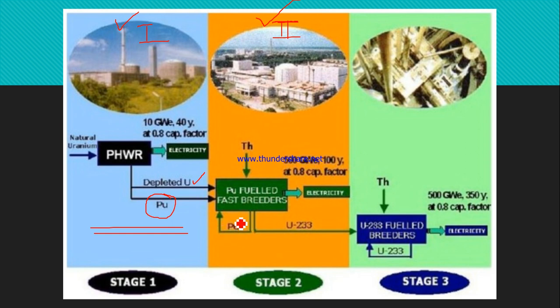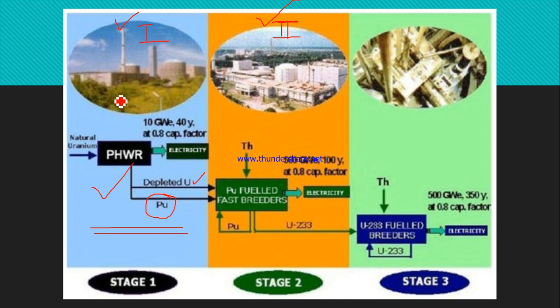If this is the fuel inside the reactor, and the outer blanket is of thorium or depleted uranium-238, then once the reaction starts, after this fission, whatever fast neutrons are produced, here in the pressurized heavy water reactor we need to slow down the kinetic energy of the fast neutrons.